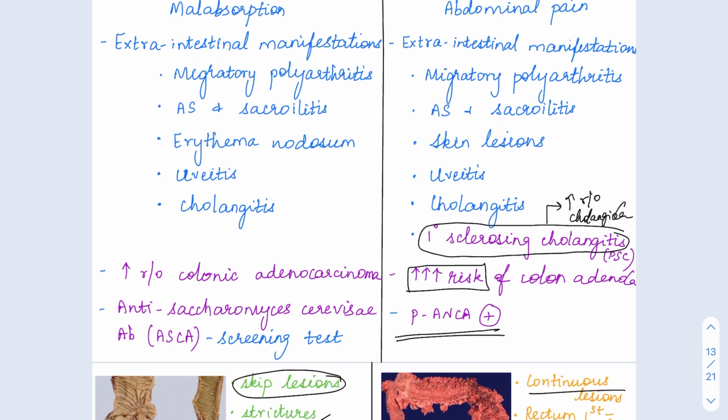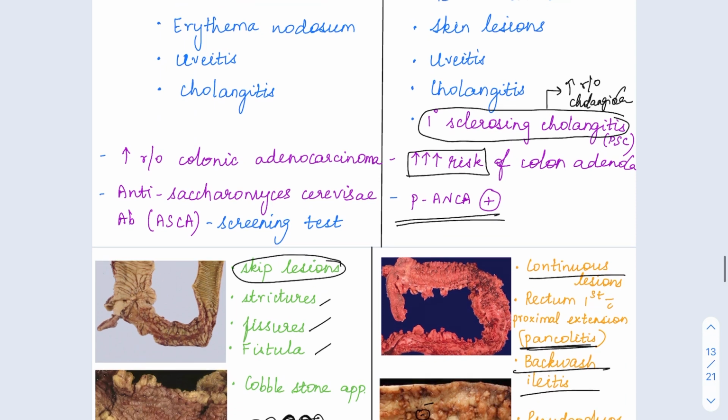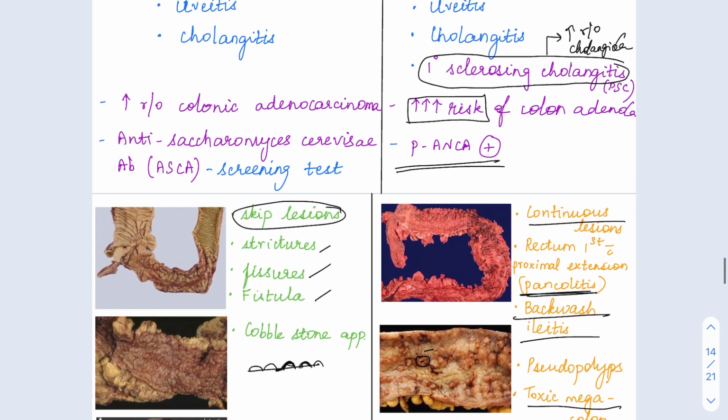Then we had various extra intestinal manifestations, in which primary sclerosing cholangitis was seen in ulcerative colitis, which can have an increased risk of cholangiocarcinoma. As such, there is going to be increased risk of adenocarcinoma for both the conditions, but more risk is associated with ulcerative colitis.